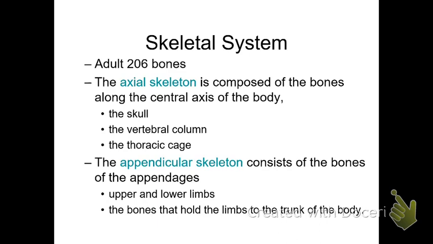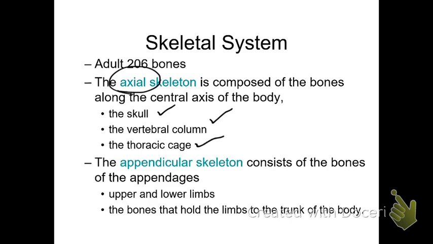You already know this from our first lab, when we talked about regions of the body. The axial versus the appendicular regions, or in this case, the axial skeleton and the appendicular skeleton. What this is referring to is that the axis, the center of the body, the axial skeleton, is the bones of the skull and the face, of the vertebral column, of the thoracic cage.